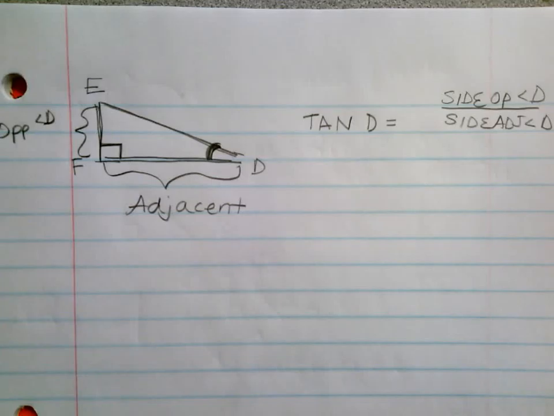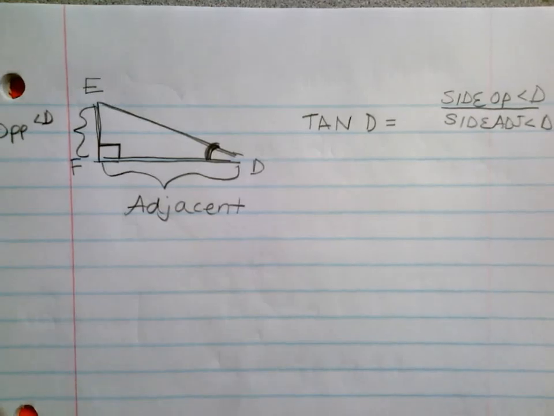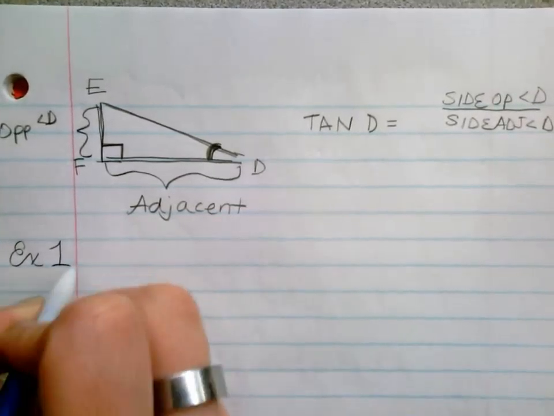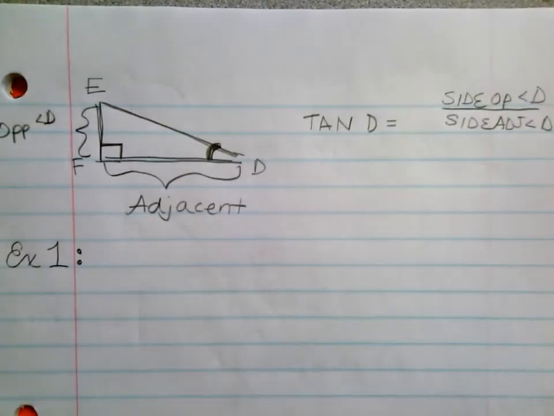Okay? Side opposite the angle in question, side adjacent the angle in question. Okay, we're going to keep going, and we really just have to practice this so that you know how to solve for it. And we're going to go as far as we can today, and then we're going to do a little more next week.